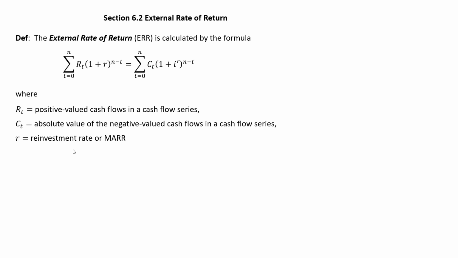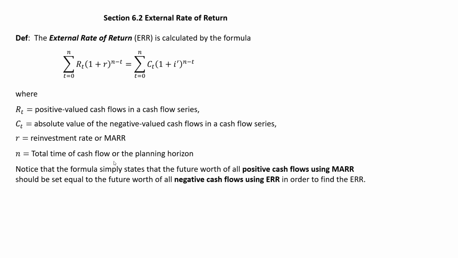R is the reinvestment rate or minimum attractive rate of return. N is the total time of cash flow or the planning horizon. Note that the formula simply states that the future worth of all positive cash flows using the minimum attractive rate of return should be set equal to the future worth of all the negative cash flows using ERR, in order to find the ERR, the external rate of return, i prime.